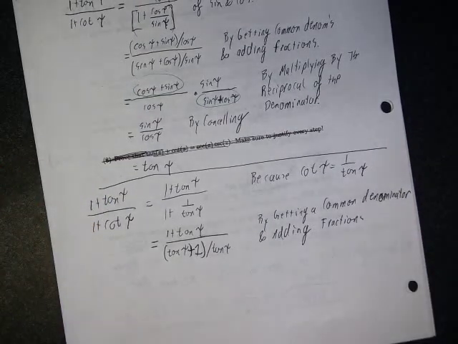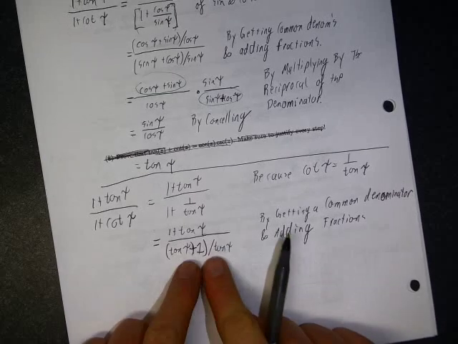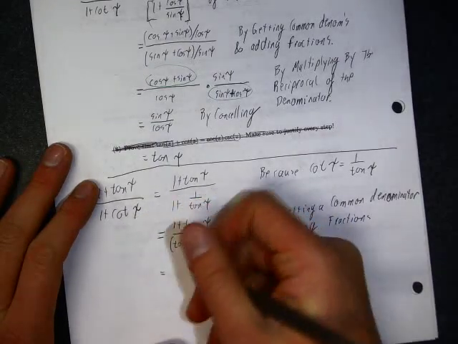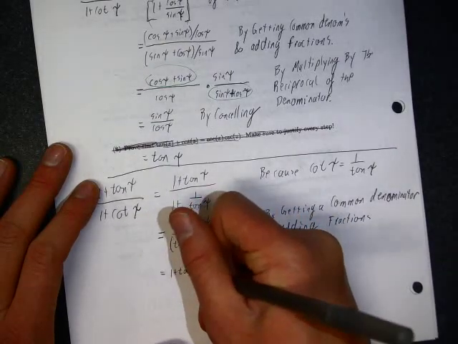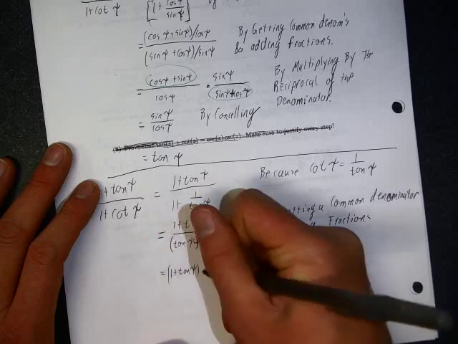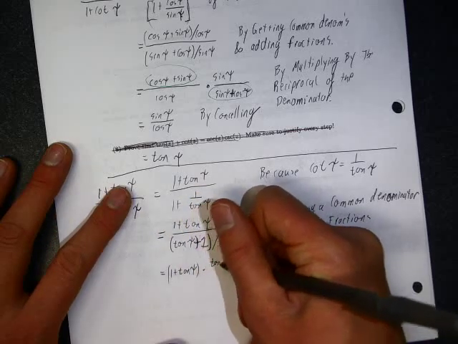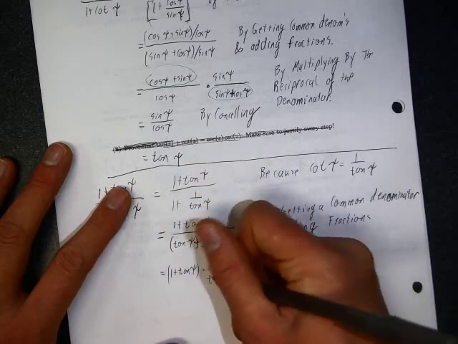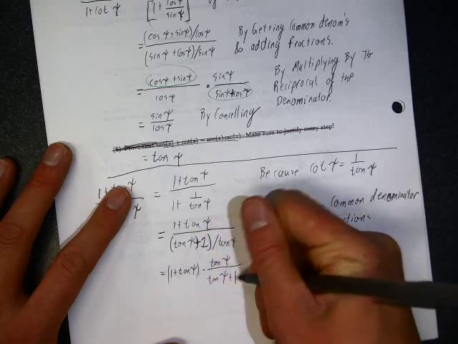All right, very good. What next? Multiply by the reciprocal of what's on the bottom, so that's the same thing as 1 plus tangent psi times tangent psi divided by tangent psi plus 1.